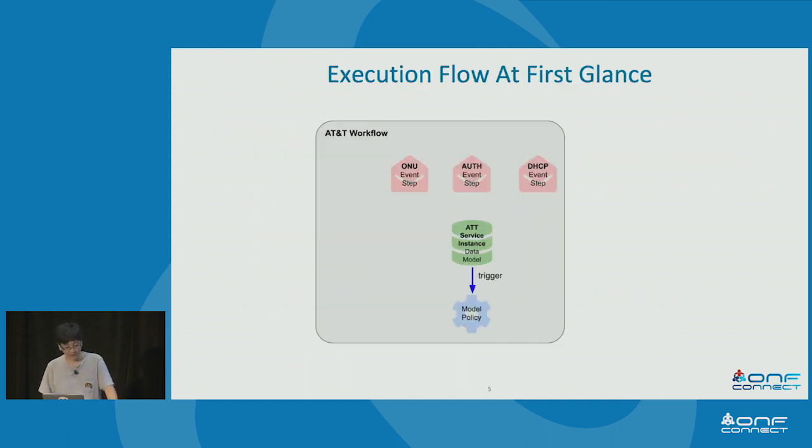Back to the AT&T workflow example, its execution flow at first glance will look like this, because the source code is fragmented and there's no direct relation stated in the code. So at first glance, we can only understand that there are these components, but no relations.